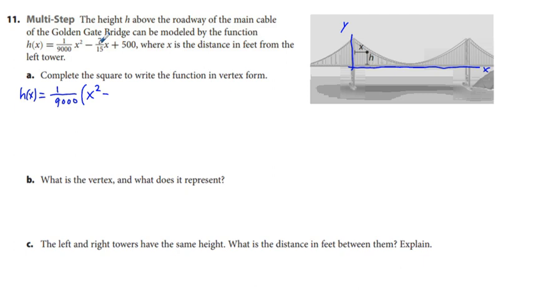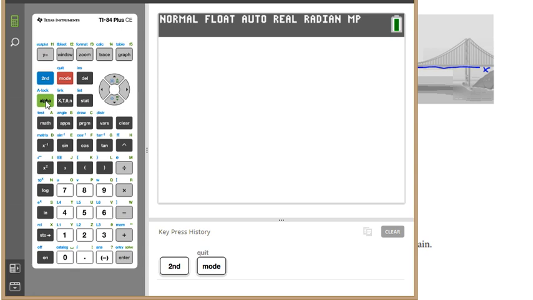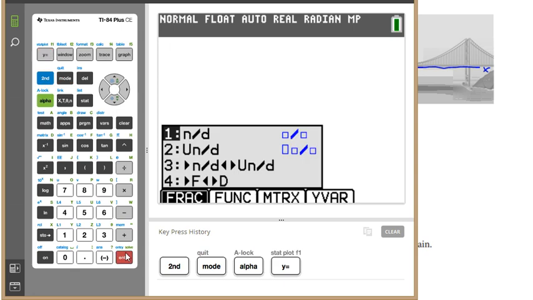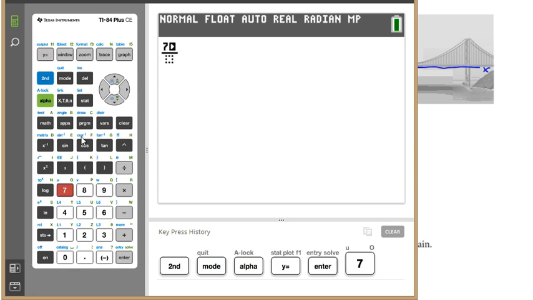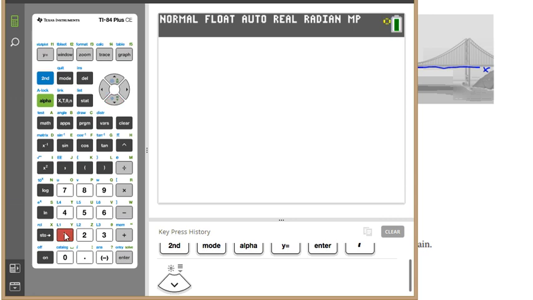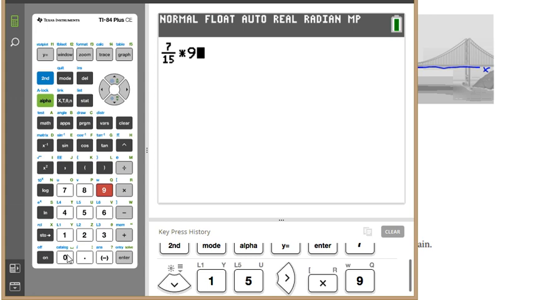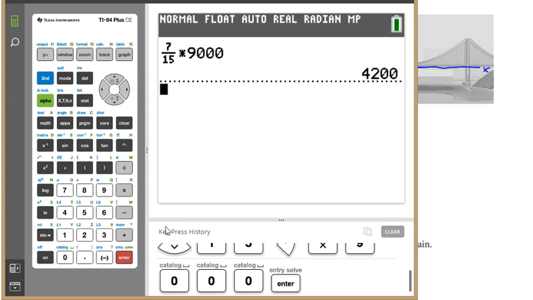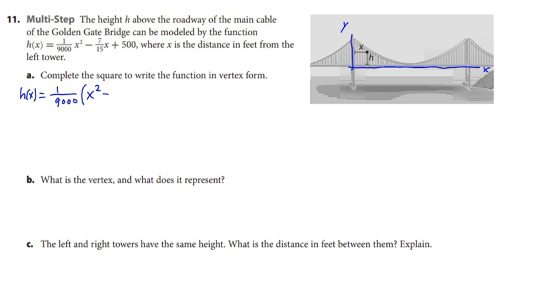What we have to do is multiply 7/15 by 9,000. So let's go ahead and do that in our calculator. So 7/15 times 9,000, we get 4,200. So we're going to have minus 4,200x.